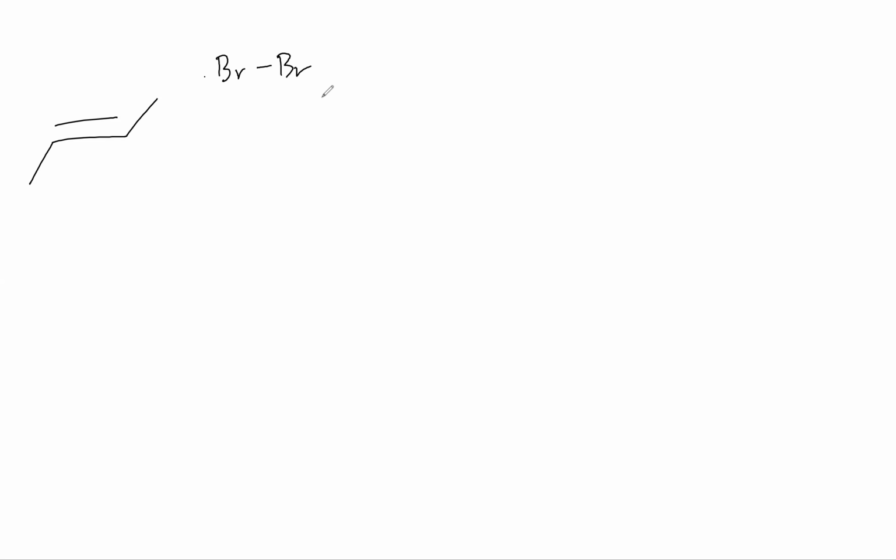That is because it didn't really matter too much, because we were just adding two of the same thing. But now, when we do halohydrin formation, we are going to be adding two different things. So now we have to take into account the Markovnikov rule.